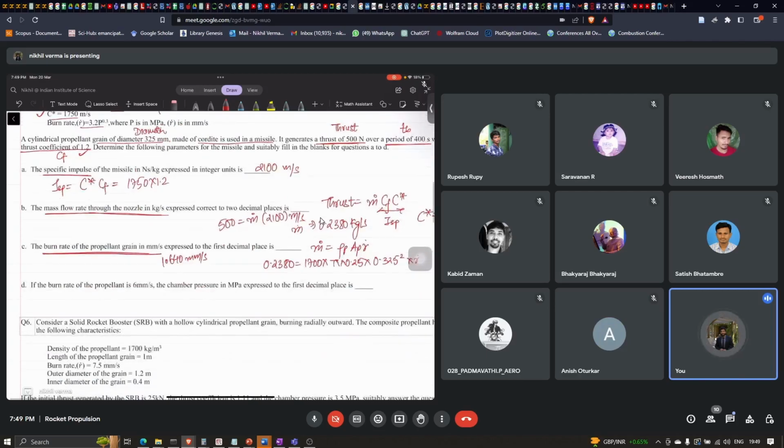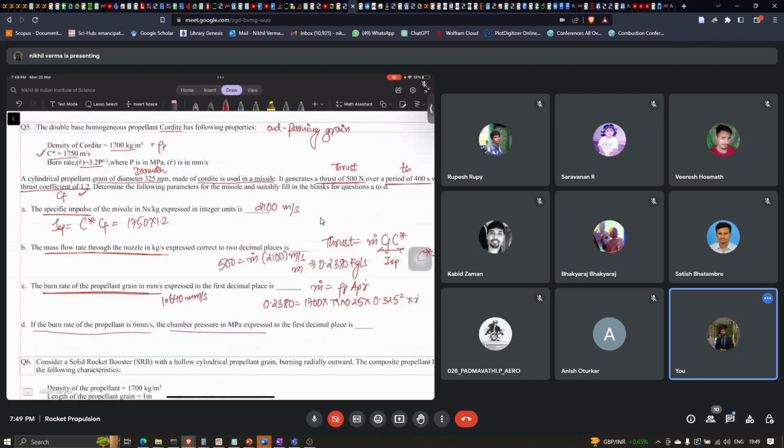So next thing is burn rate of the propellant. If the burn rate of the propellant is 6 mm per second, what is the chamber pressure? Can you calculate the chamber pressure?